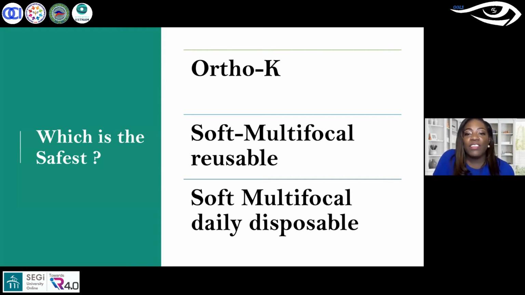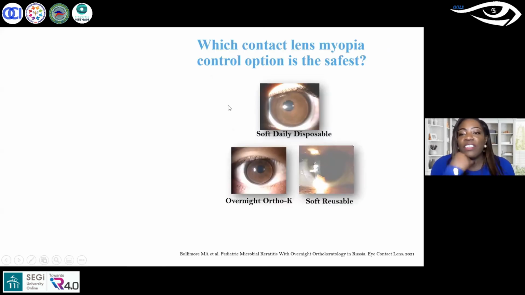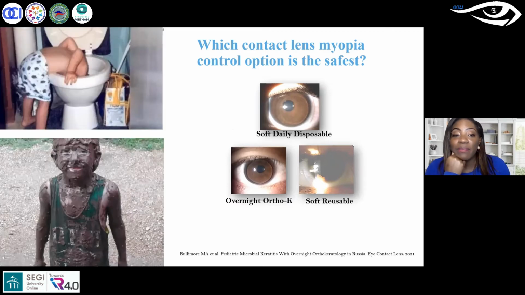All right. So most of you were definitely correct here: the soft daily disposable is the safest. Now, contact lenses may not be good for these patients at all, any soft contact lenses or GP lenses. But soft daily disposable is the safest. Overnight Ortho-K, based on a recent study, is just as safe as daily wear of soft reusable lenses.